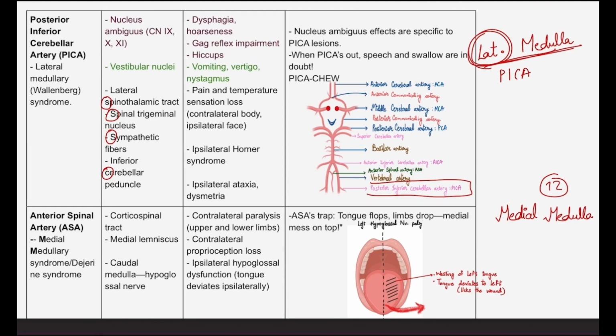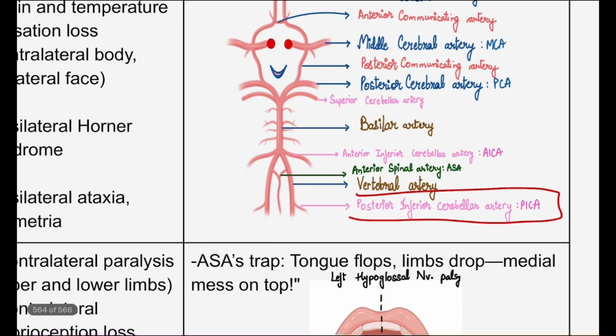To tie it all together, tongue flops, limbs drop. Why did the tongue flop? Because the hypoglossal nerve was affected. Why did the limbs drop? Because of the corticospinal tract being affected. That's how you know that you're dealing with medial medullary syndrome. Very easy. If you look at the anterior spinal artery here, in green I have highlighted the anterior spinal artery.